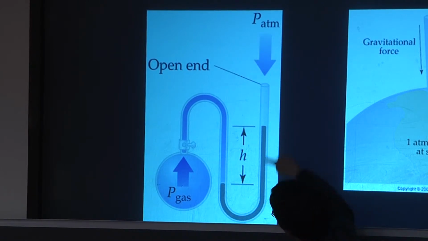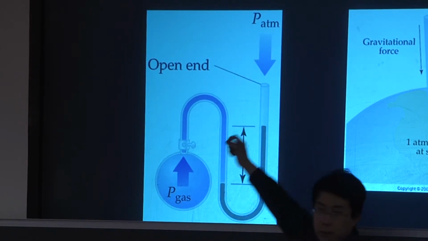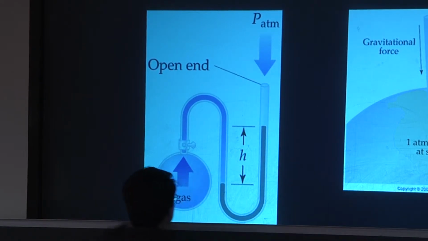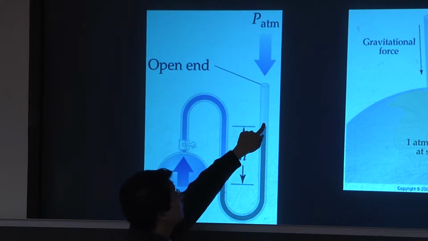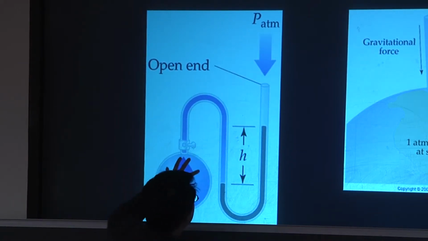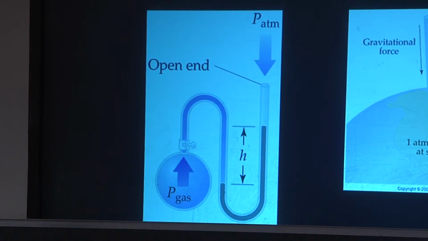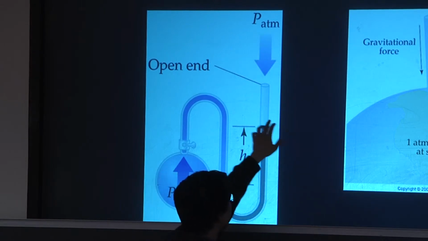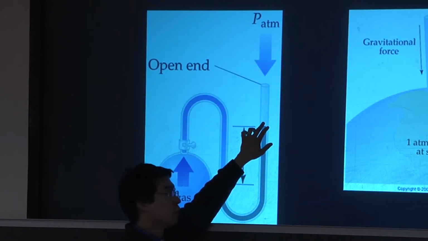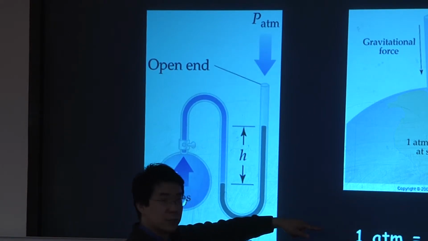And what is it pushing on? Well, it's pushing on a column of mercury. And so the way I like to view this kind of device is that the atmosphere, the air, and the gas in the bulb are competing with each other. If we assume we're at sea level and the temperature is normal, this is going to exert a pressure of 1 atmosphere, which equals 760 millimeters of mercury.